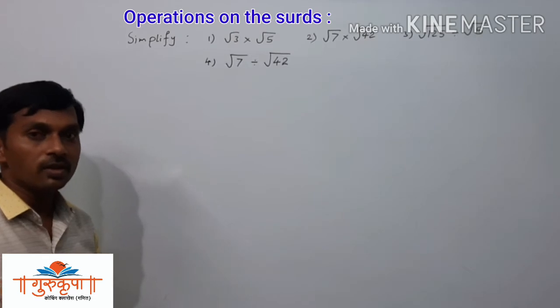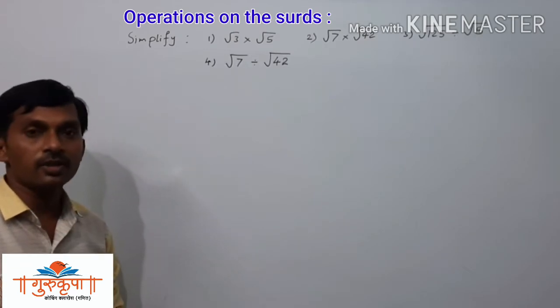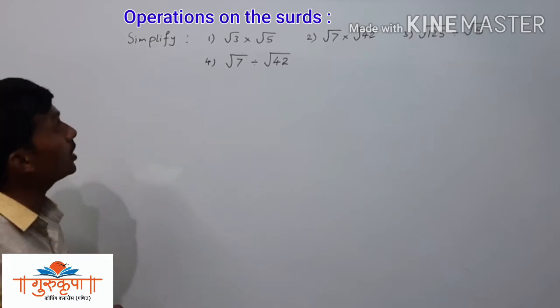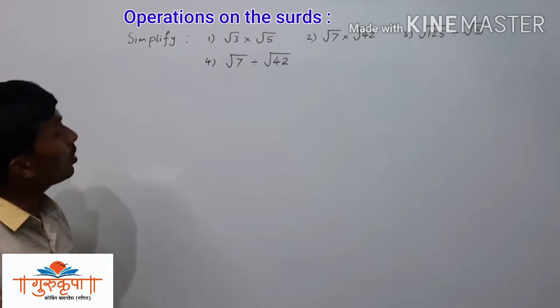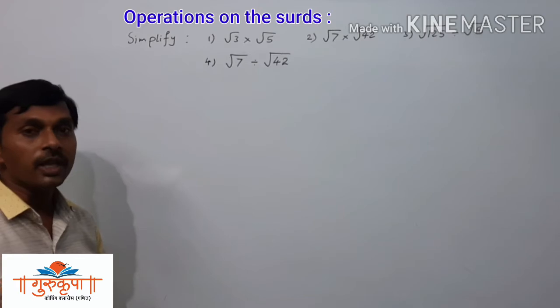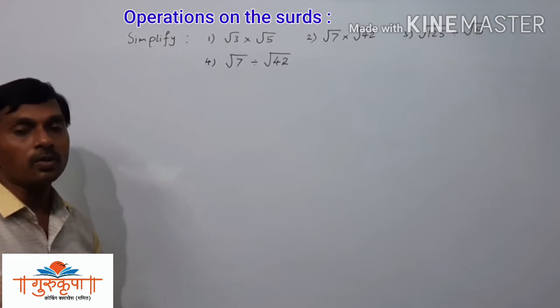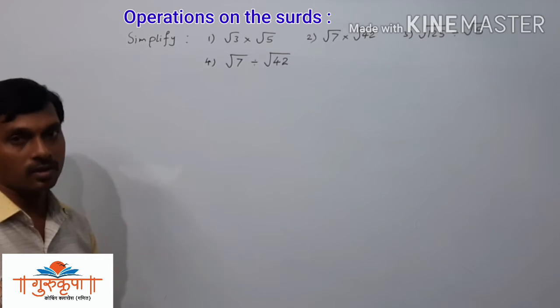Operations on the surds. We already studied the addition and subtraction of the surds, and now we have to study the multiplication and the division of the surds. We studied that we can add or subtract only the similar surds, or only the like surds.